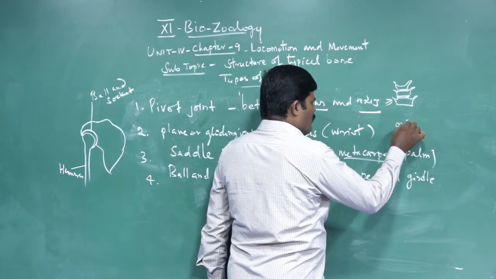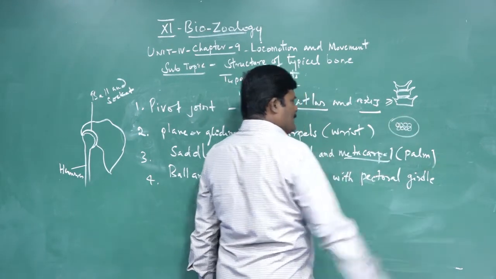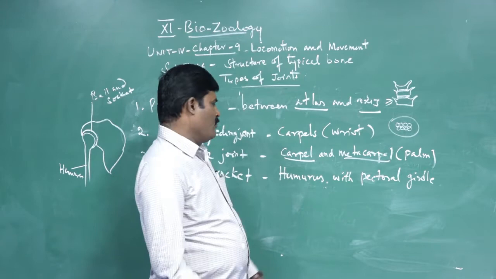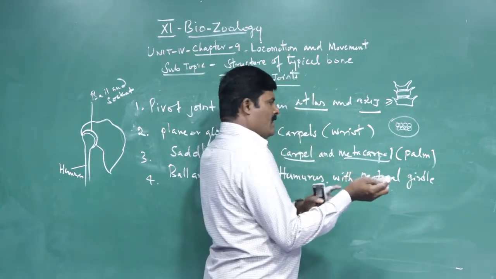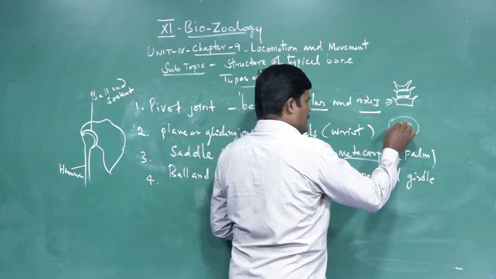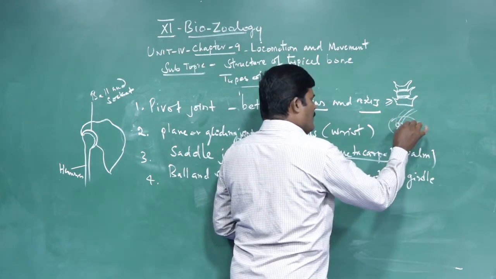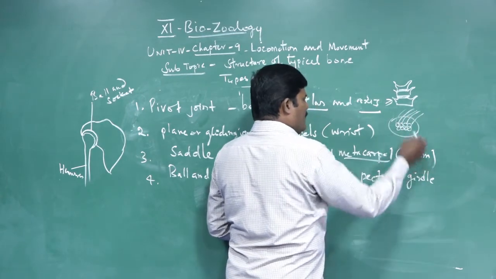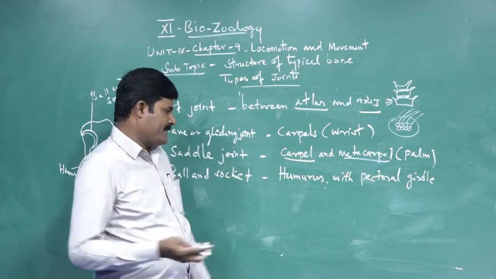What is the number of wrist bones? Already I told you there are 8 wrist bones. Carpals and metacarpals: the carpals are connected with the metacarpals. Metacarpals are nothing but bones in the palms.